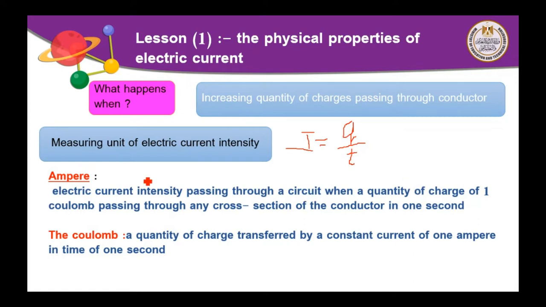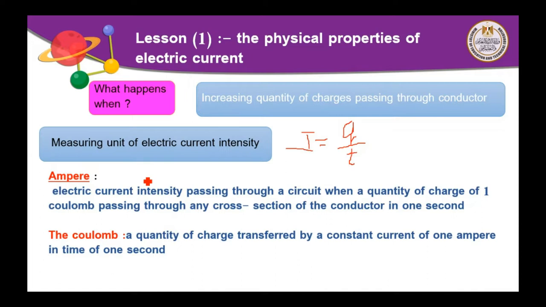What is the definition of coulomb? A coulomb is a measuring unit of quantity of charges. So it can be defined by quantity of charges because it is used to measure it.